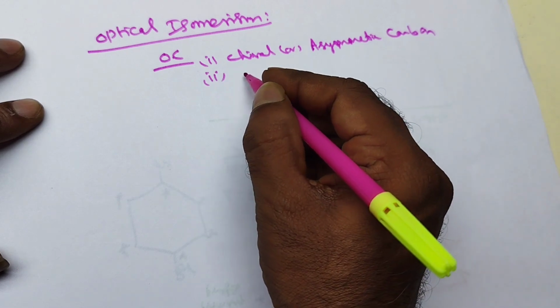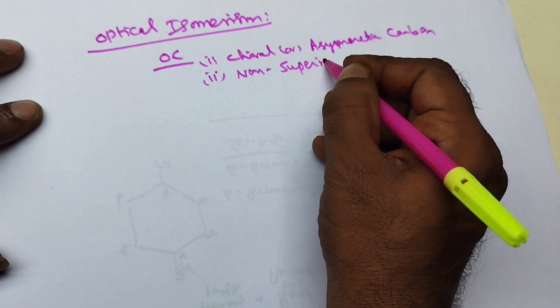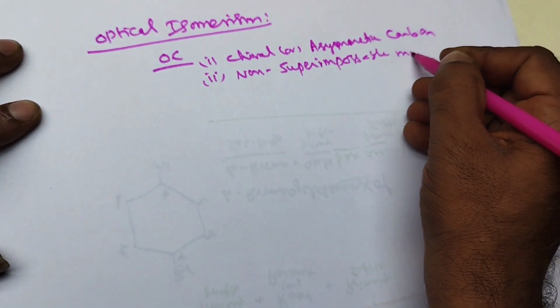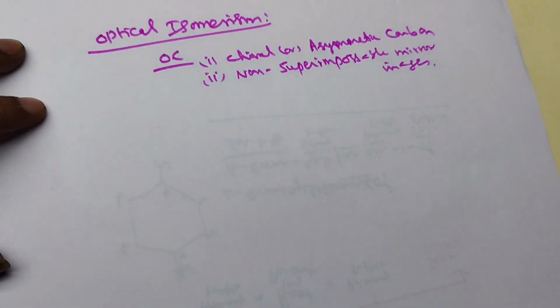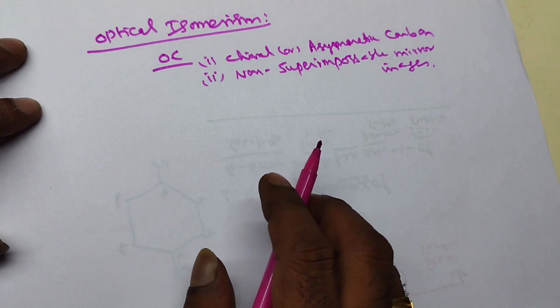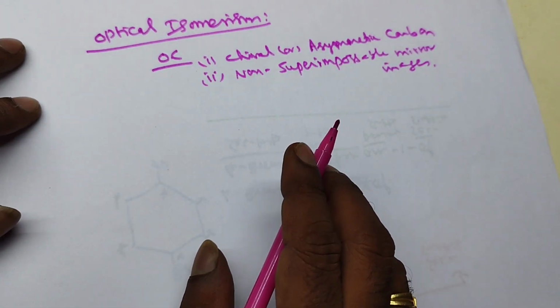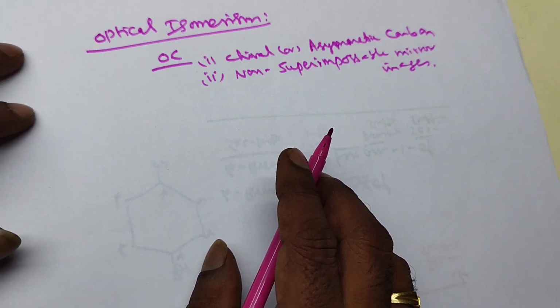The second condition is that it must have non-superimposable mirror images. So the organic compound must satisfy these two conditions: it must have a chiral carbon, or asymmetric carbon, and it must have non-superimposable mirror images.